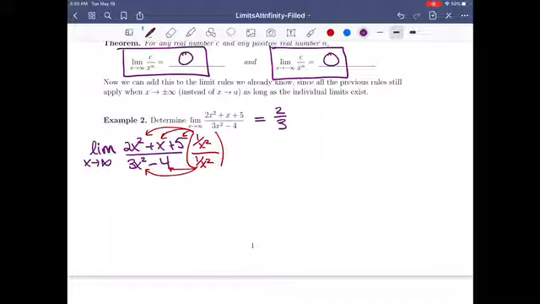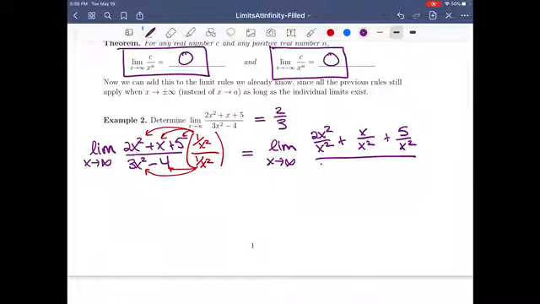Now if I rewrite this, it's going to be 2x squared over x squared plus x over x squared plus 5 over x squared, all over 3x squared over x squared minus 4 over x squared. So we made it look a lot worse, but we're going to simplify each term, and then you'll see why I wanted to do this, hopefully.